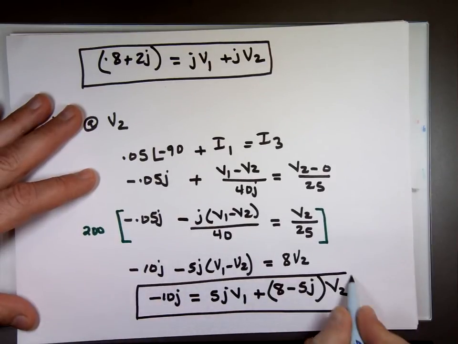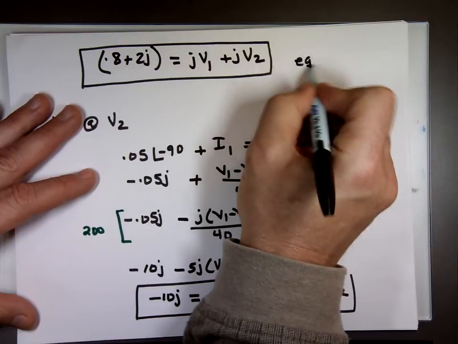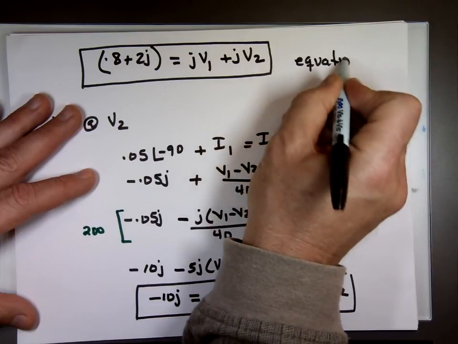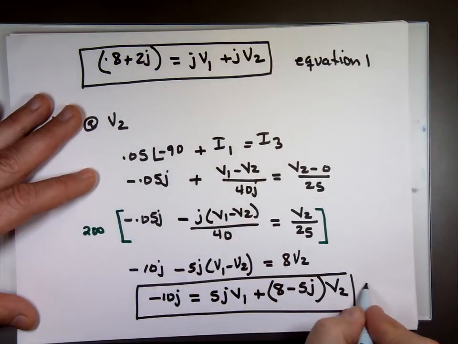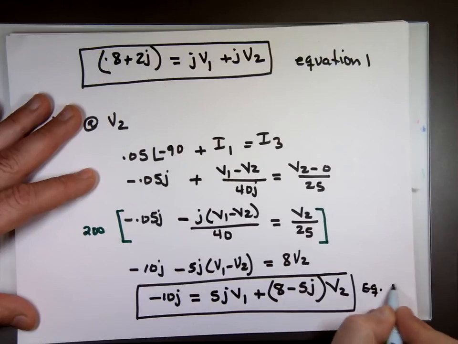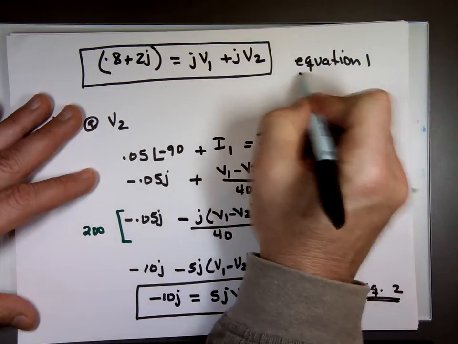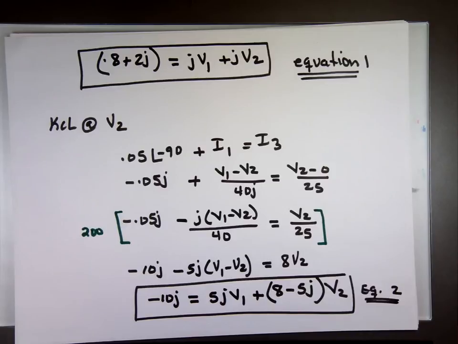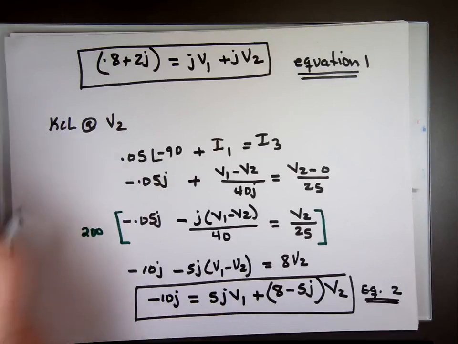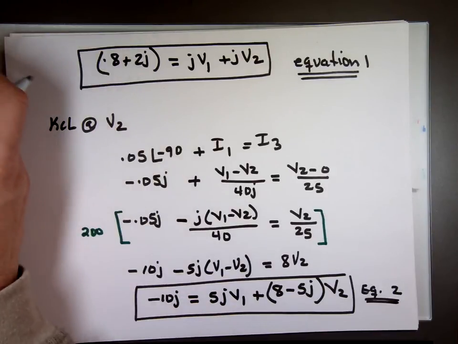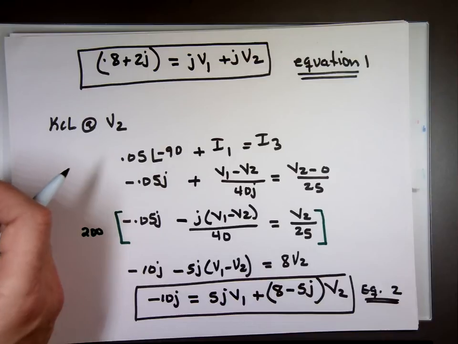And now that's my second equation. I have two equations by two unknowns. Equation 1, equation 2. Take the two equations and solve them any way you want to. You can use substitution, the elimination method, or if your calculator does that, let's see.